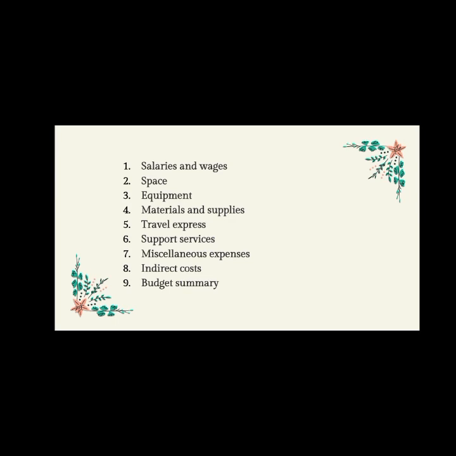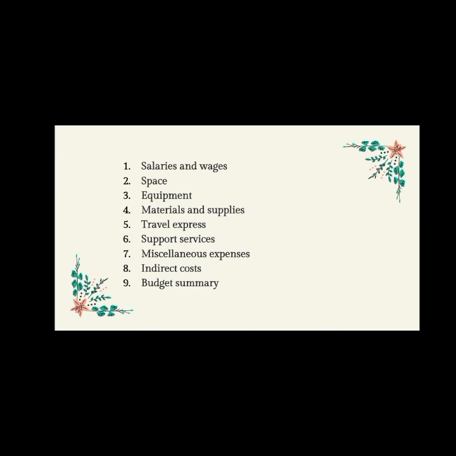Itemized here are the costs, if any, of providing space for the project. For example, the rental of an office will be included here. Third, equipment. Equipment costs, whether purchased or rented. Fourth, materials and supplies. Provided here are the costs for consumable materials and items such as miscellaneous office supplies.